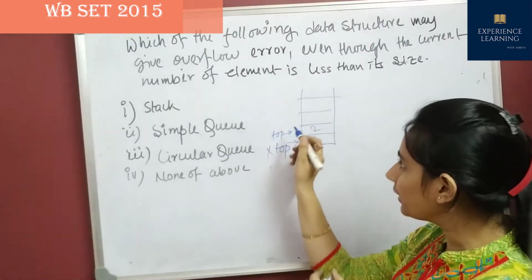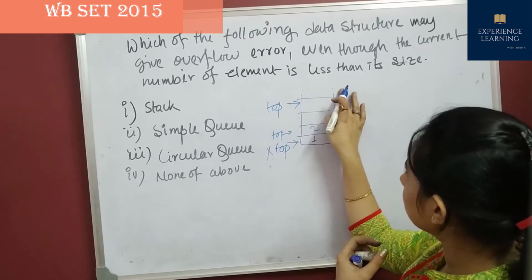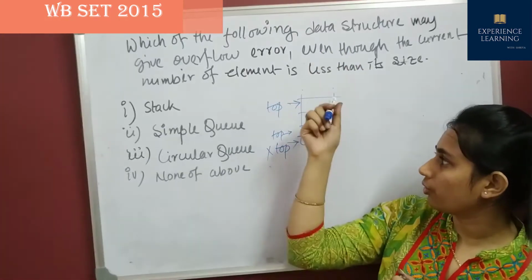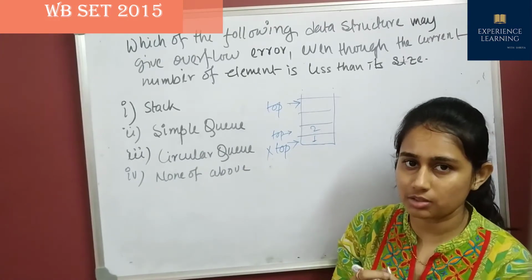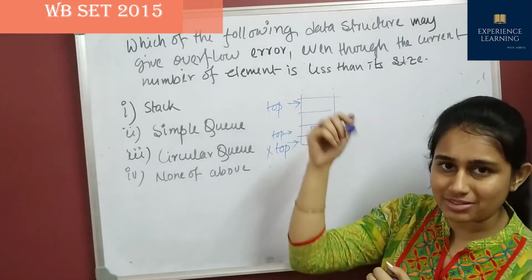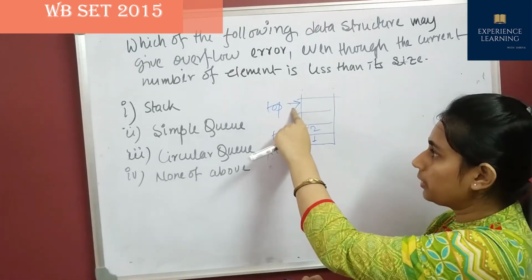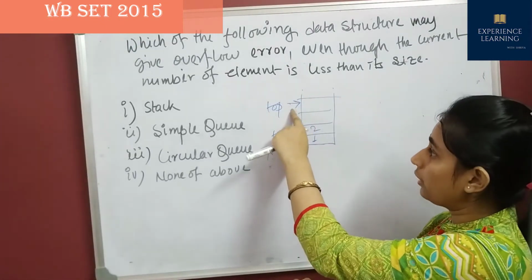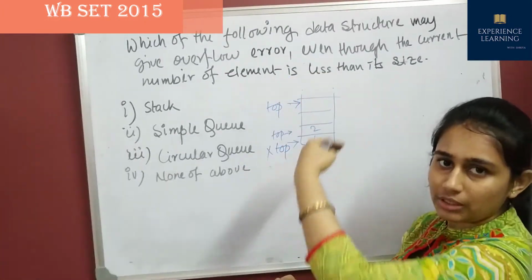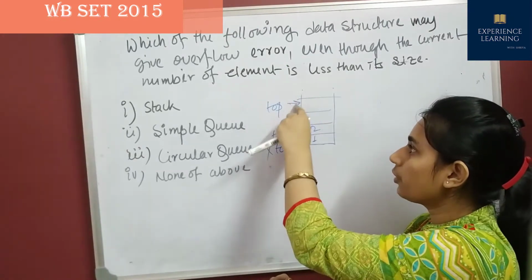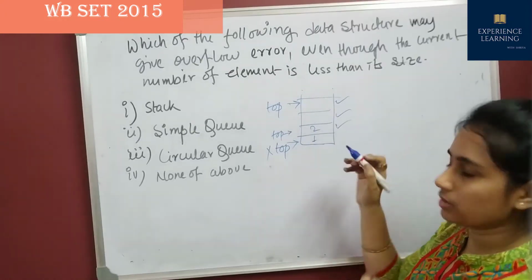Say this is the total capacity of the stack, now top is not able to insert. So if the top is at the uppermost value, you are not able to insert any data. And if you are going to delete, you have to delete one by one, from this one, then this one, then this one, like this.